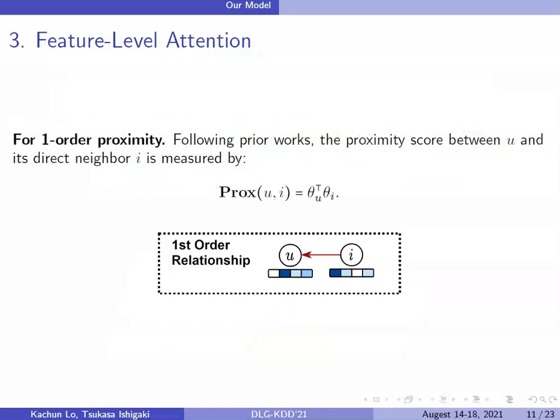And for first order proximity, following previous works, the proximity score between a source node and its direct neighbor is simply measured by the dot products of their embeddings.